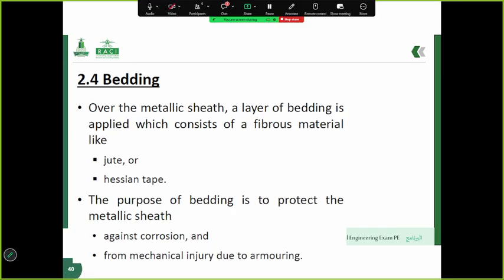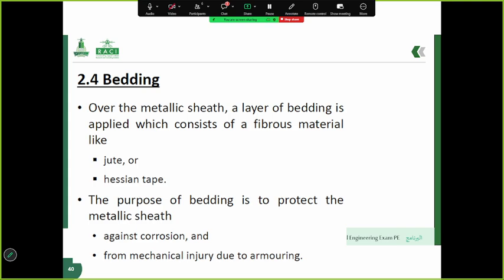The purpose of the bedding layer in a cable's construction: it is a layer of fibrous material such as jute or hessian tape that is applied directly over the metallic sheath. Its primary function is to protect the shield in two crucial ways.